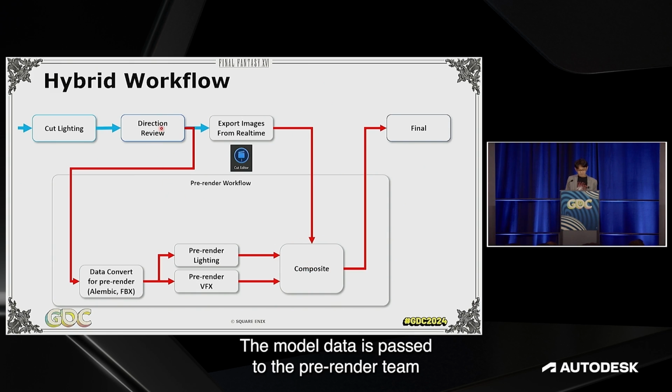The model data is passed to the pre-render team in a separate flow, and the data model is converted to Alembic or FBX to fit their workflow. After that, the pre-render team does lighting and VFX, and composites the real-time image and pre-render image. Then the final result.